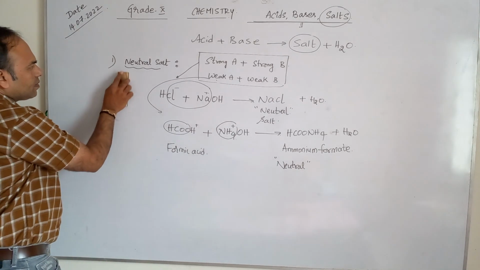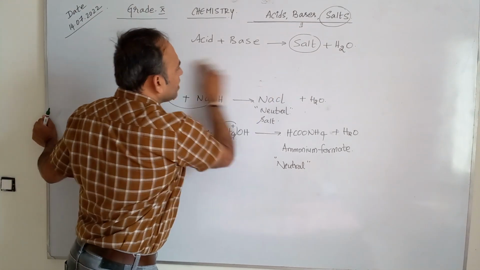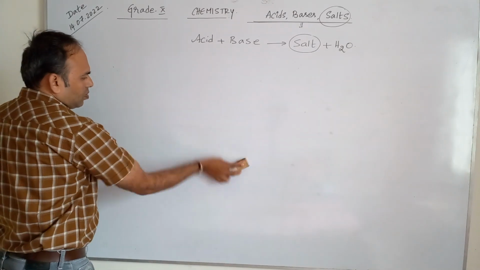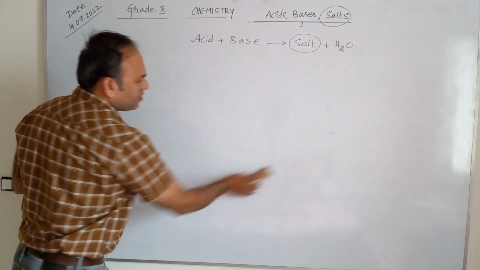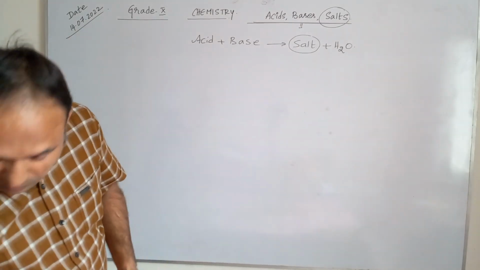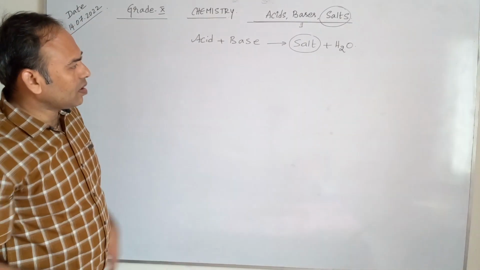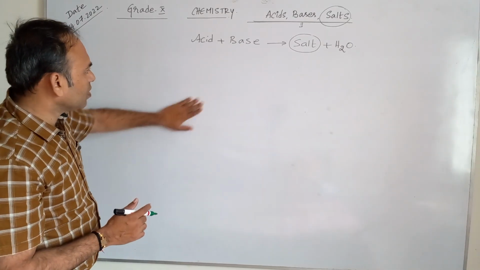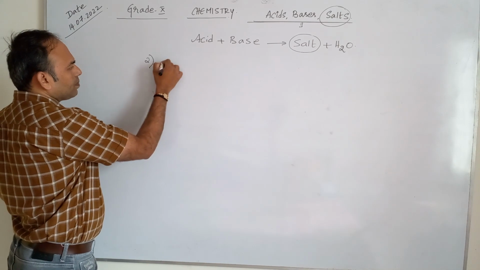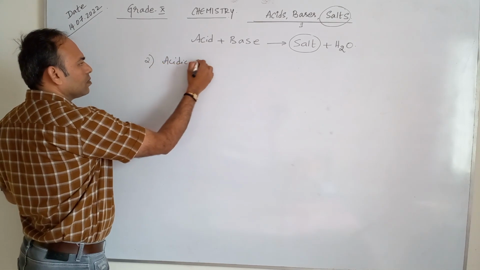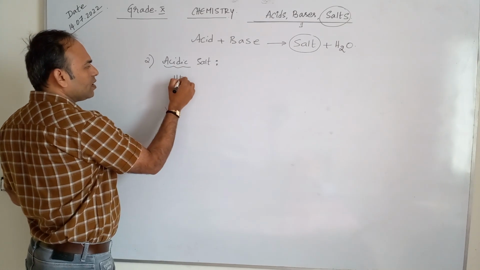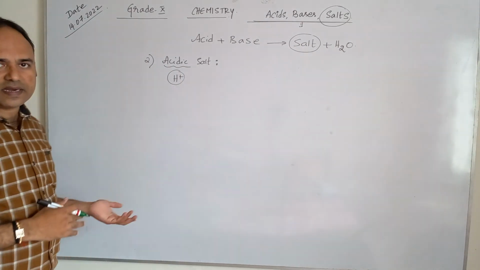I'll erase this. Second one. So many definitions are there, but this definition will give you an idea depending upon the weak acid or strong acid in that aspect we have taken. Okay, fine. Second one, acidic salt. See, acidic salt, even if there is one H plus extra, you call it an acidic salt.